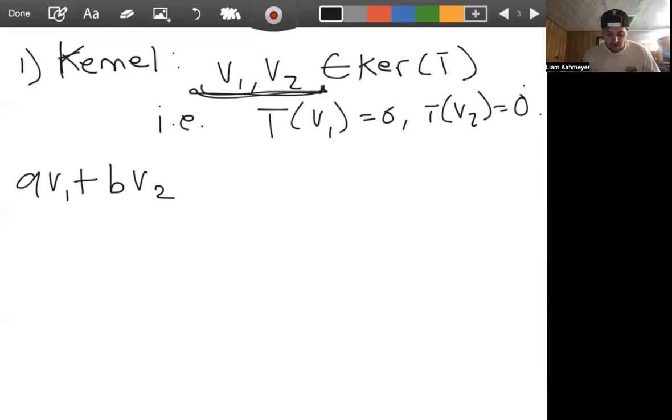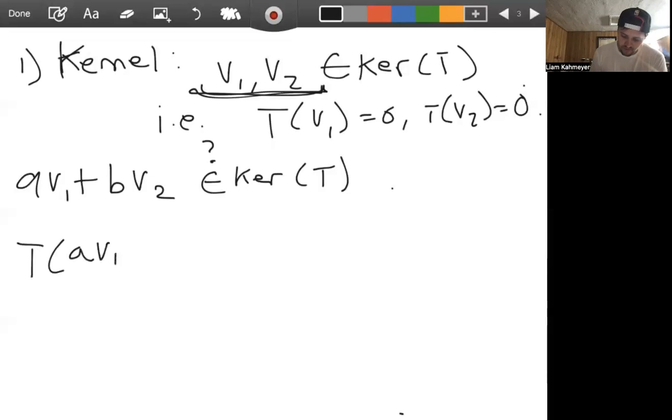Is this an element of the kernel of T? Well, we don't know. How do we show that something's in the kernel of T? Well, we apply the transformation to it and show that the result must be 0, right? So let's look at T of a v1 plus b v2.